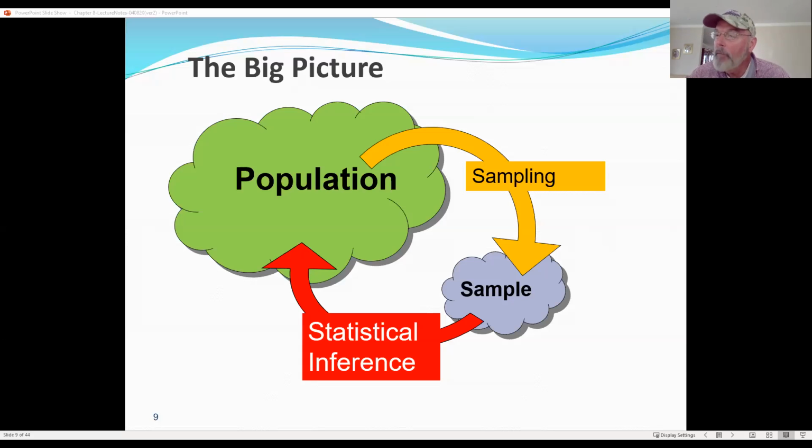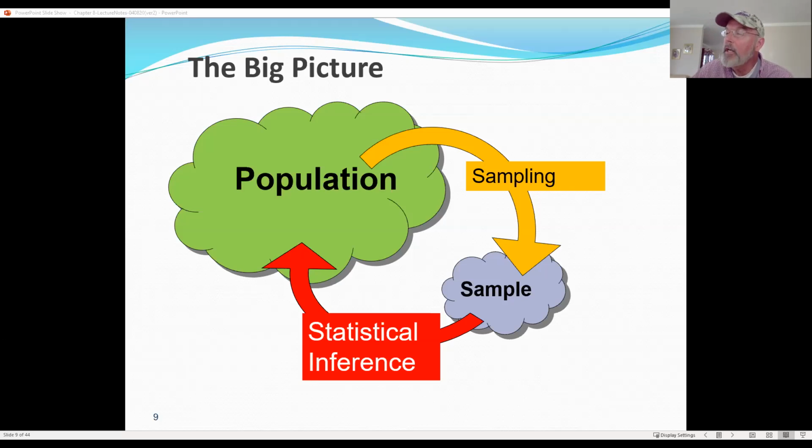So we have to have a population from which we are going to sample. That population is generally a very specific population so that we can make the sample representative or reflect what the population characteristics are.